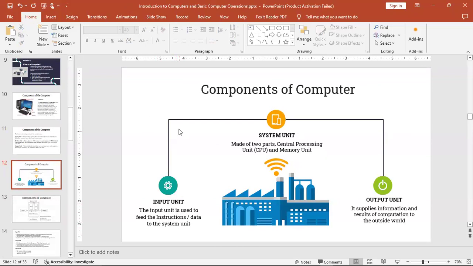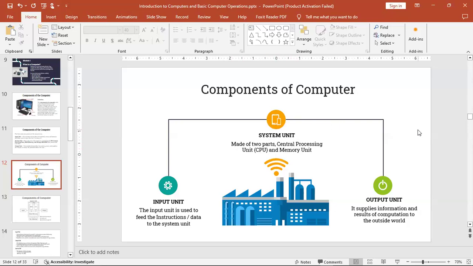And from there, it goes to the system unit. Are we together, guys? The system unit is made up of two parts. We have the central processing unit and the memory unit. We're going to see this in detail. We're going to see the definition of the central processing unit, what it does, its role, and we're also going to look at the memory unit, its role in processing information.